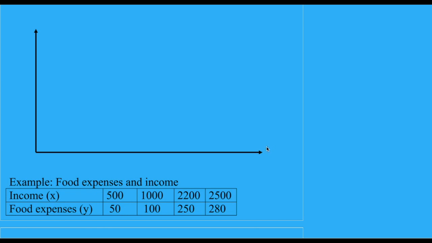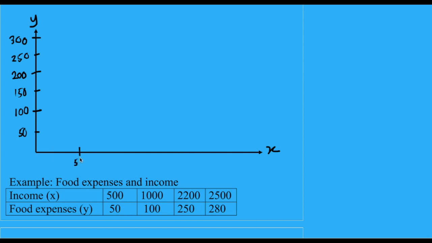The x-axis would be the x values, and the y-axis would contain the y values. So y starts from 50 and ends at 280. I would scale it with a maximum value of 300, and 50, 150, 250, and we have the incomes ranging from 500 to 2,500.